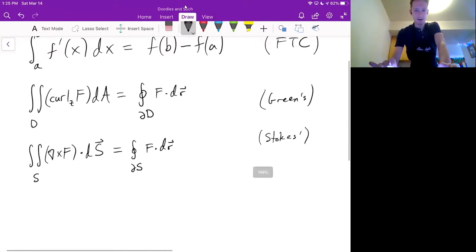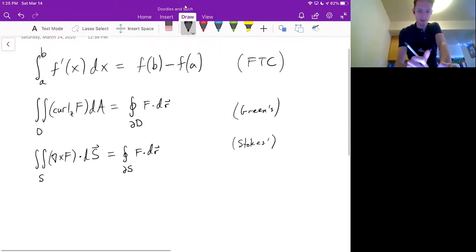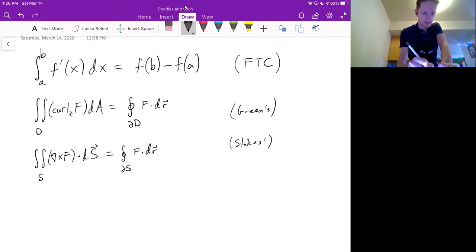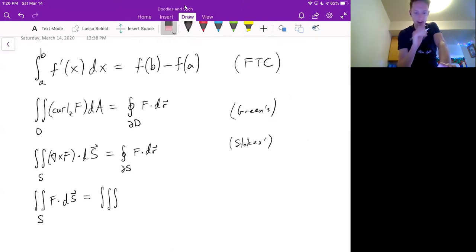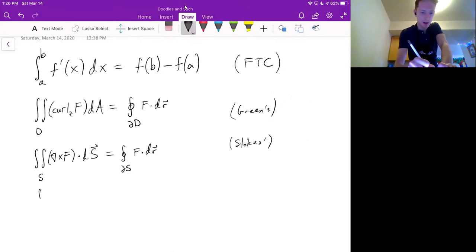And then our final fundamental theorem is the divergence theorem, which says that the flux of some vector field through a surface is equal to the integral over the interior. Actually, let me rewrite this so it's consistent with the way I've been writing the other ones.